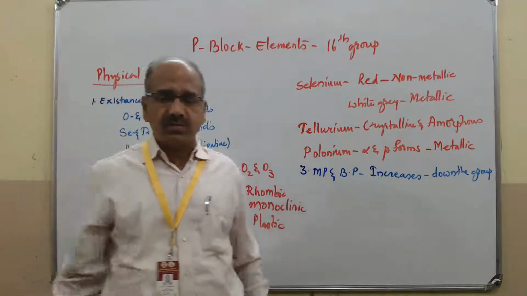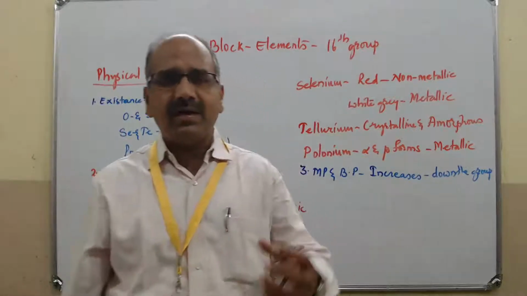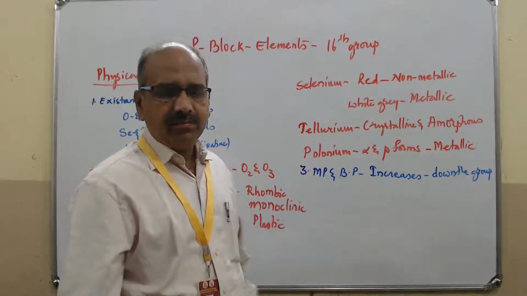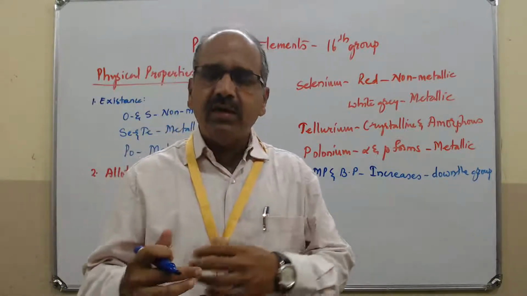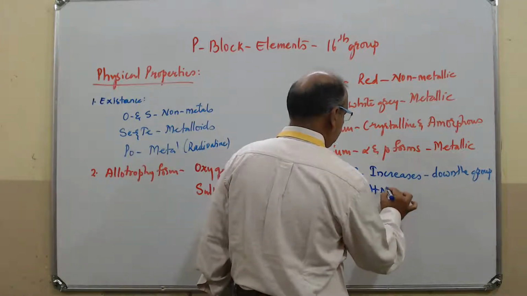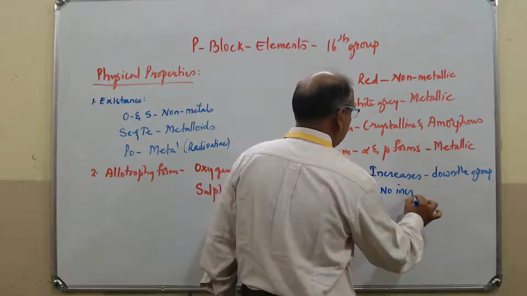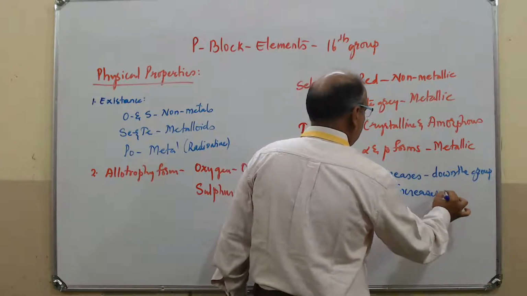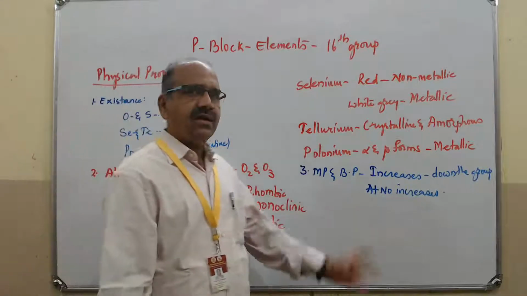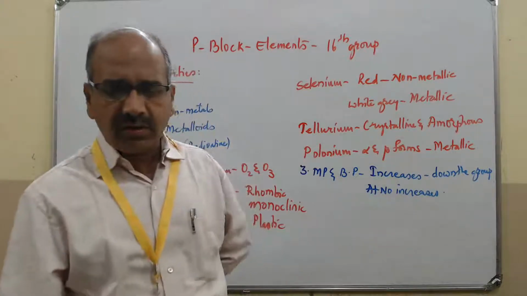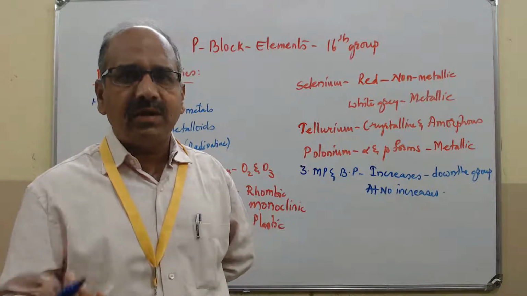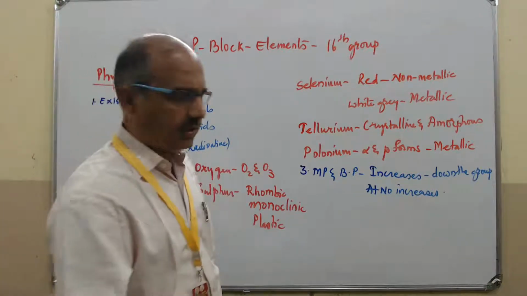Van der Waals forces will be stronger between one atom and another atom. The atomic number is also increasing, so the van der Waals forces increase, which makes the force stronger, and that is why the melting point and boiling point are high.